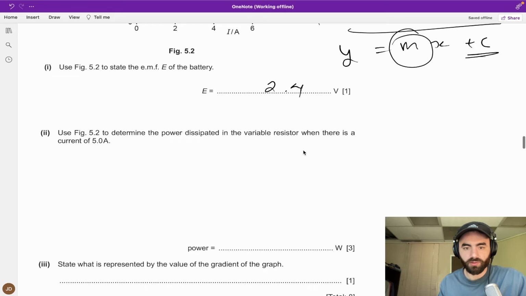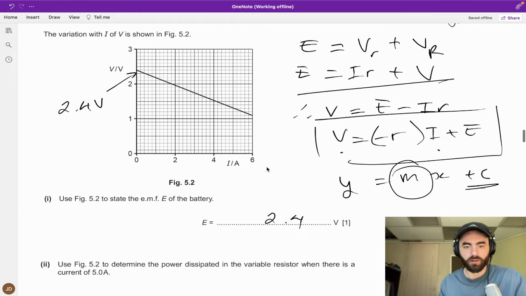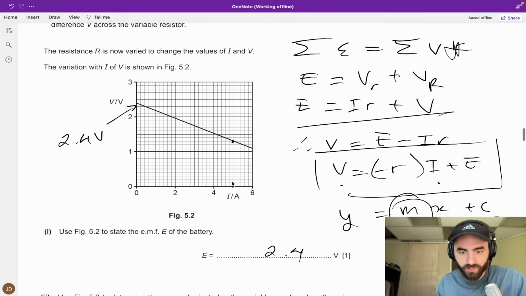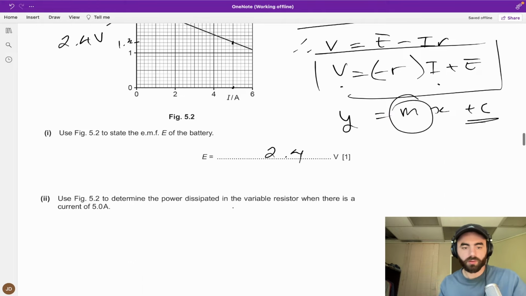Use the figure to determine the power dissipated in the resistor when there is a 5 amp current. When there's 5 amps of current, the potential difference across the variable resistor is what? This is 1.3 volts here.